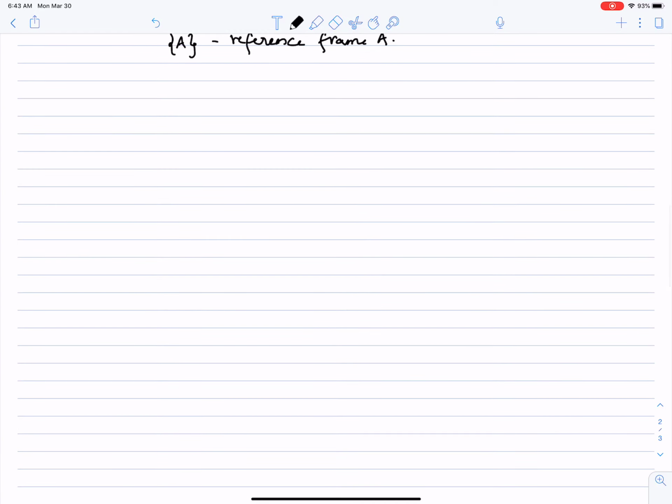Okay, so we might have, for instance, some reference frame like so, EX1, EY1, EZ1, and then the origin itself is also indexed O1. So this would be the origin and axes of some reference frame 1.